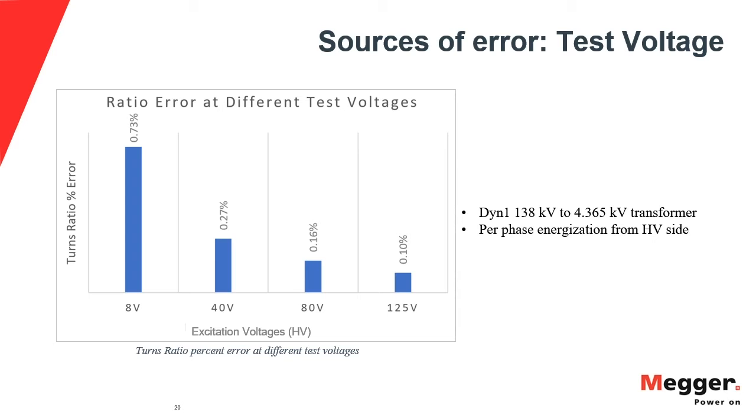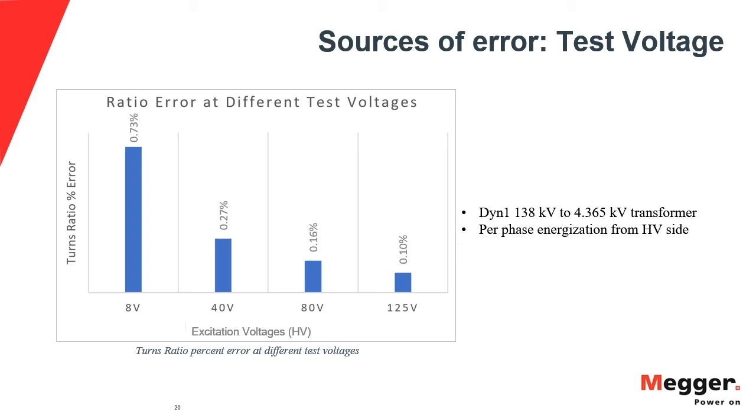And again, in this case, we're running the test with a per phase technique, right? So the unit has connections for 3 phases, but is running measurements 1 phase at a time. Very important to note that by increasing the voltage of the test, we're not making our transformer better, right?